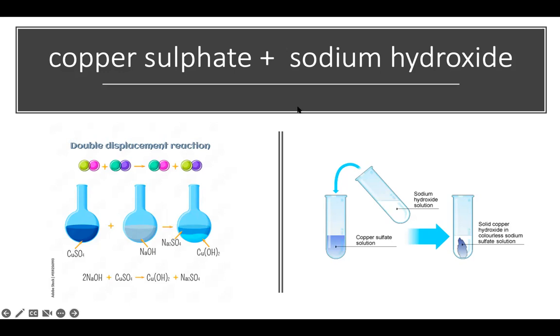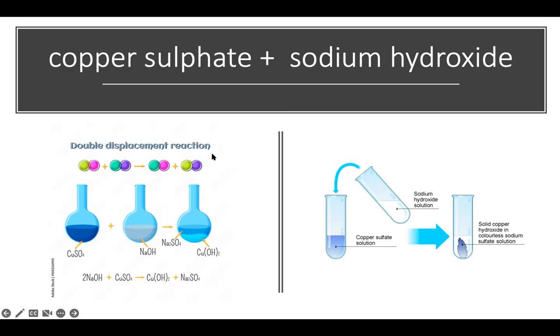So maybe you can take 1 to 2. If both are at the same saturation level, then you have to take 2 times of sodium hydroxide with 1 times of copper sulfate. Otherwise, just use a similar amount without thinking much.